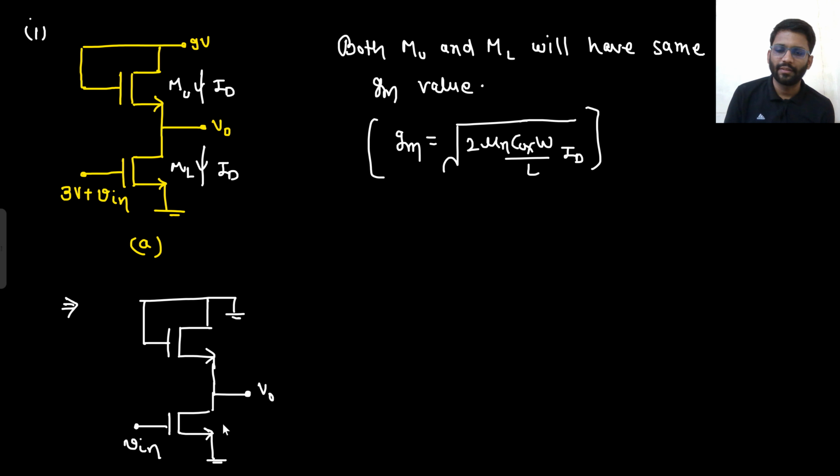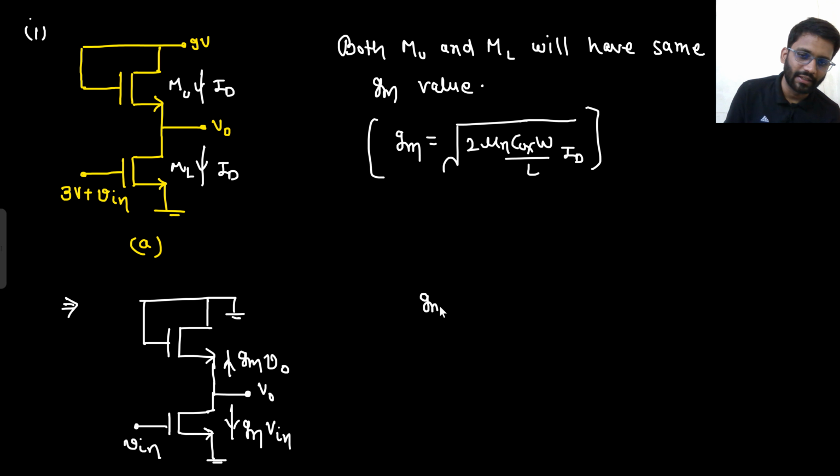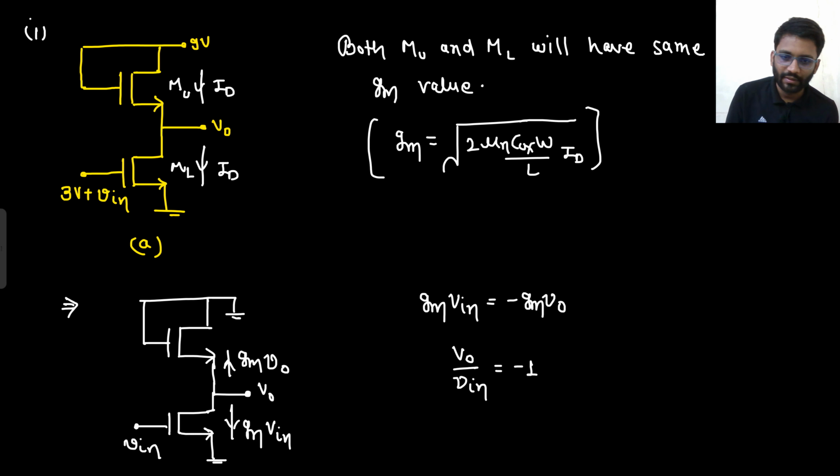So what will be the current here? gm V in. And what will be the current on the upper side? That would be gm V naught. So gm V in is equal to minus gm V naught, so your V naught by V in would be minus 1.